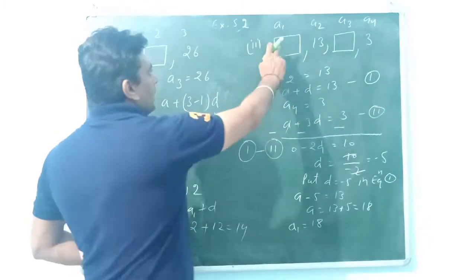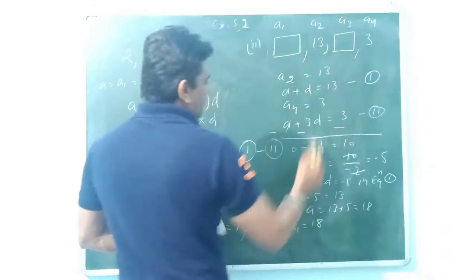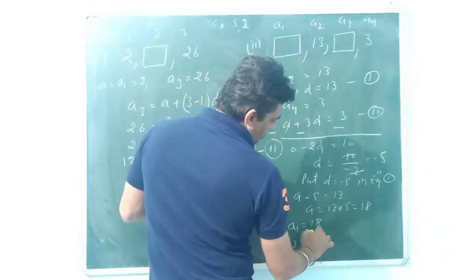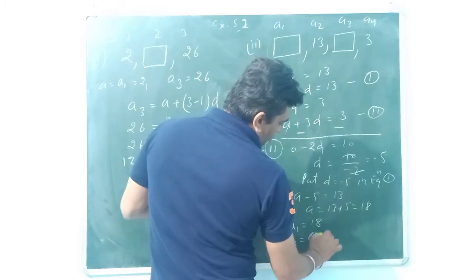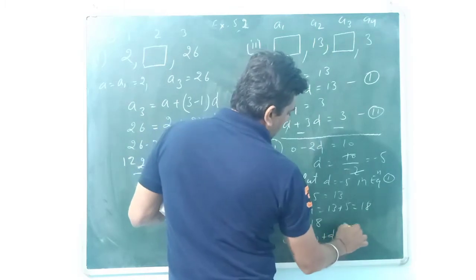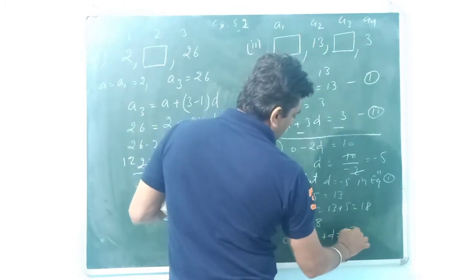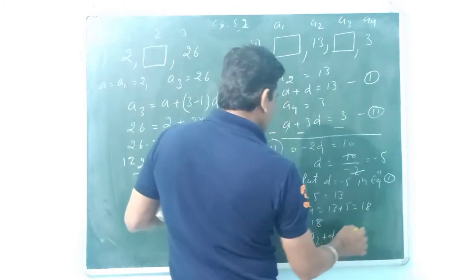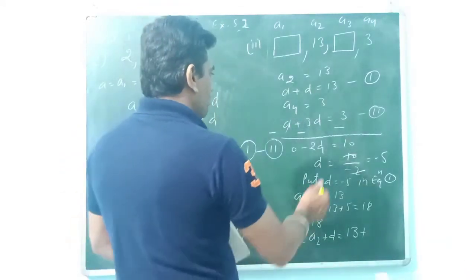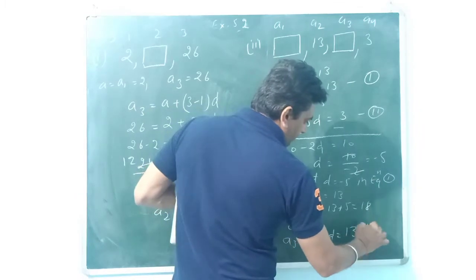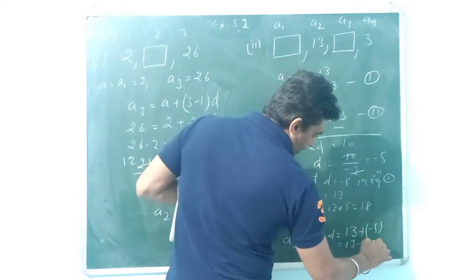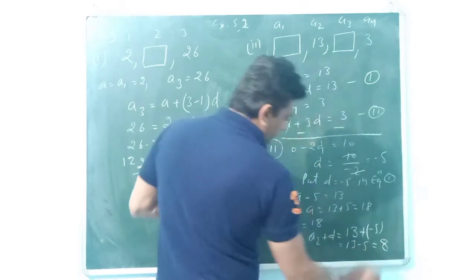A1 is 18. And what is A3? A3 equal to A2 plus D, and A2 is 13 plus minus 5. 13 minus 5 equal to 8.